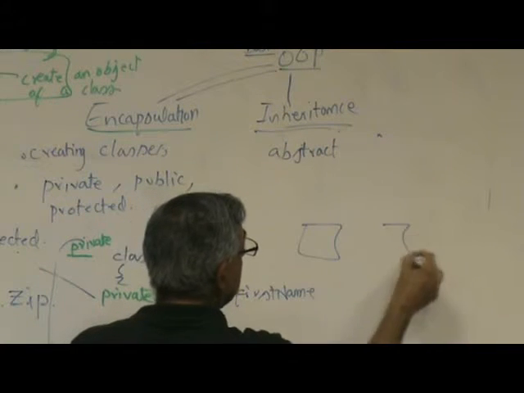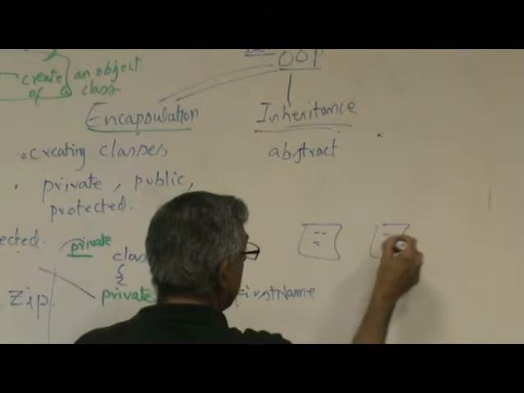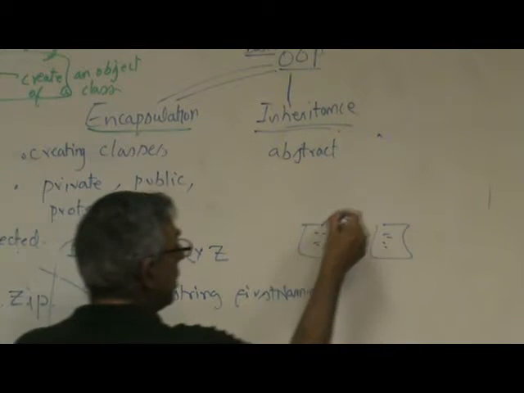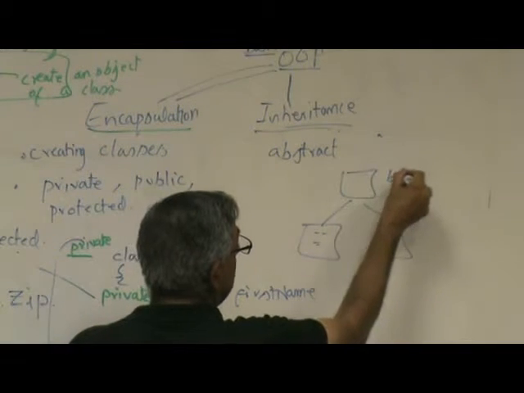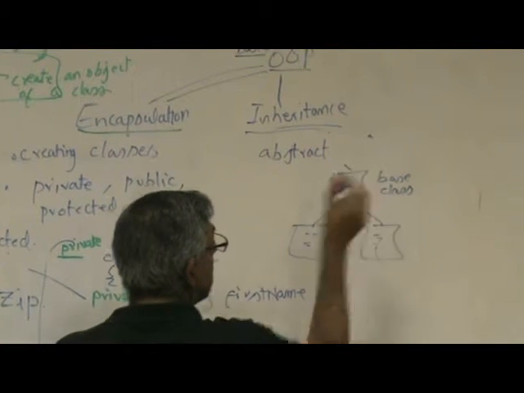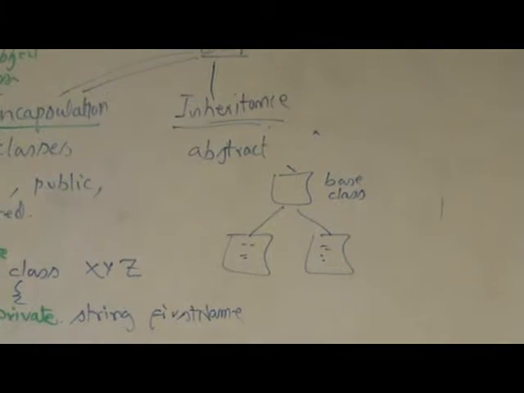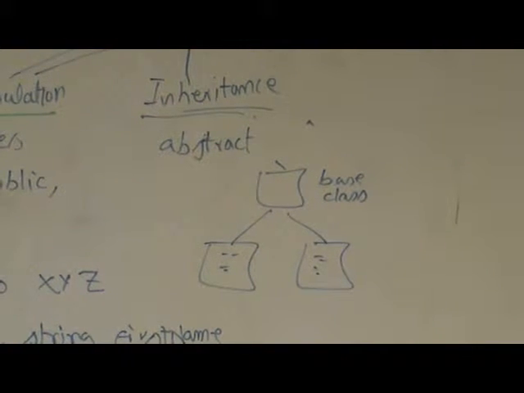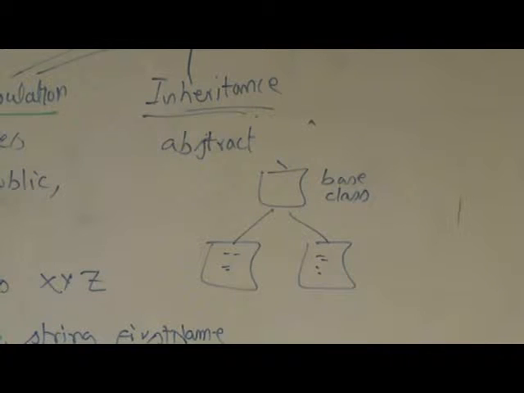If we created two classes representing some real entity, then we discovered there were a few common things between those classes, and we moved those common things into a base class. How will you declare this base class itself? Abstract. It doesn't matter whether there's real code in it or not.